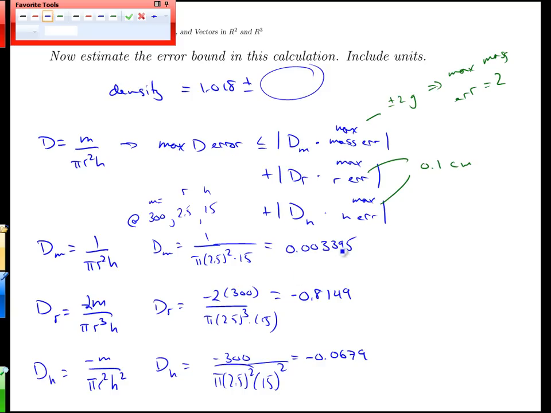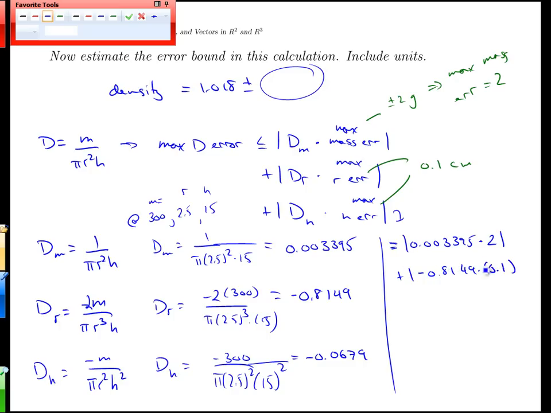So whether the change based on an increase in mass would be positive or negative, as it was with radius and height, we're going to get rid of that sign with the absolute values. So this calculation is going to be equal to 0.003395 times the maximum error in mass, which is 2 grams. And we'll keep the negatives in, knowing that they're going to disappear shortly.